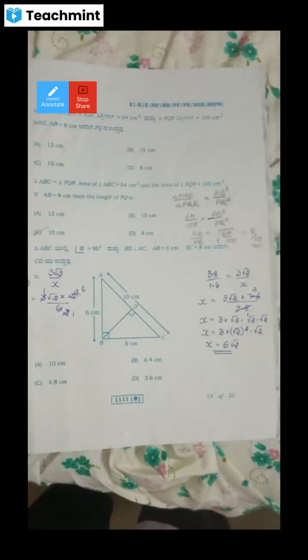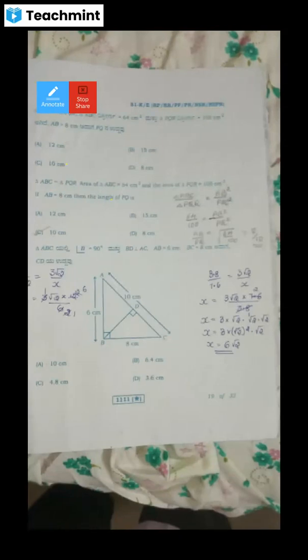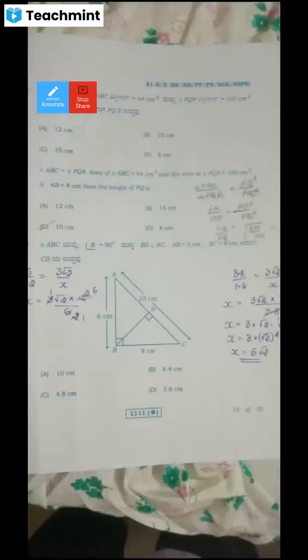And we need to find CD. To find CD, I have one direct formula, or you may use similarity criteria. Here they have used similarity criteria, but I will use one more thing.